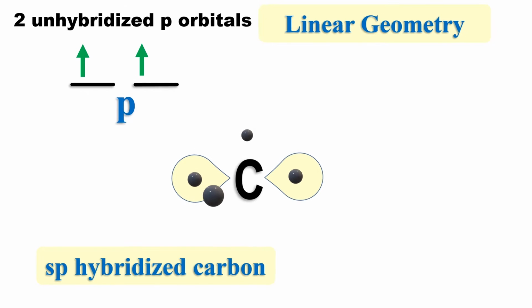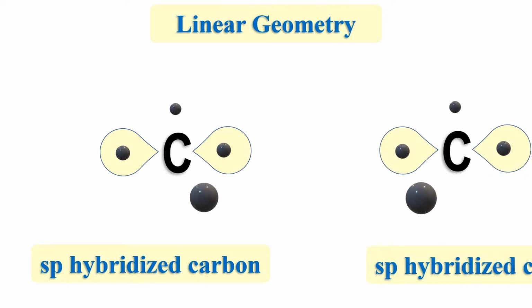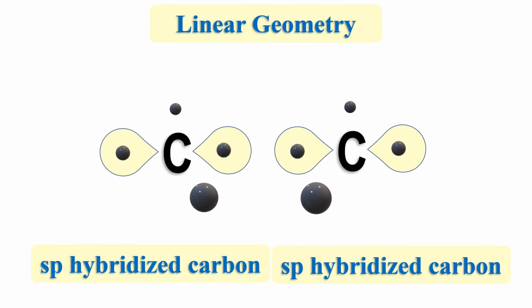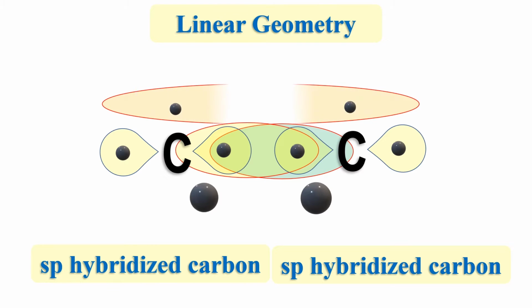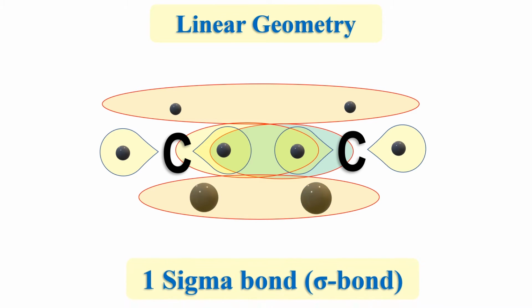Now, what if another sp hybridized carbon is nearby? There is an overlap of the sp orbitals and an overlap of the unhybridized p orbitals. The overlap of the sp orbitals forms one sigma bond.